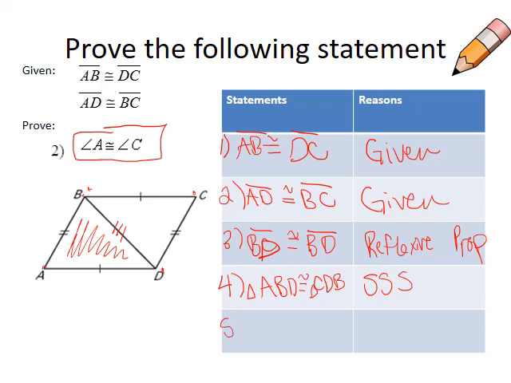So I paired them up so that my congruence statement makes sense, and because of that, now I know that angle A is congruent to angle C because corresponding parts of congruent triangles are congruent.